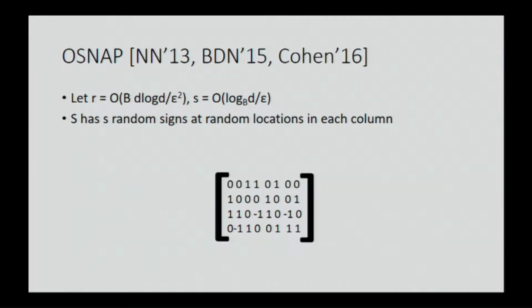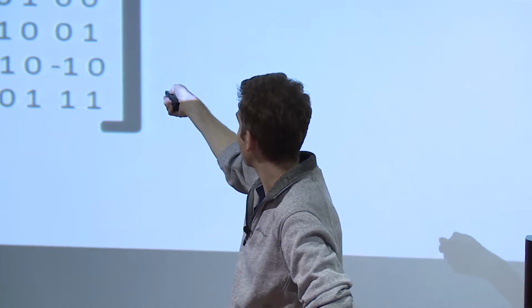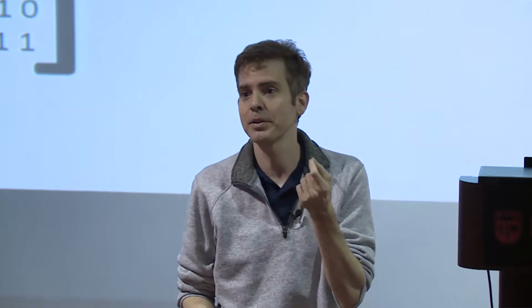But also note that if B is something like d to the 0.1 and epsilon is a constant, this is still a constant number of non-zeros per column. And then you get something like d to the 1.1 rows up to log over epsilon squared. And in general, if B is a constant, then you'll get like log d non-zeros per column and a number of rows which is d log d over epsilon squared.